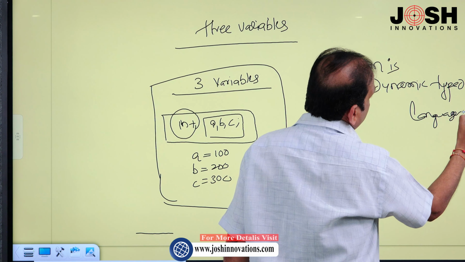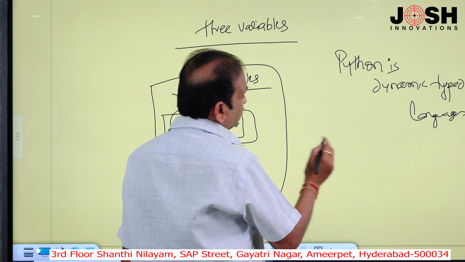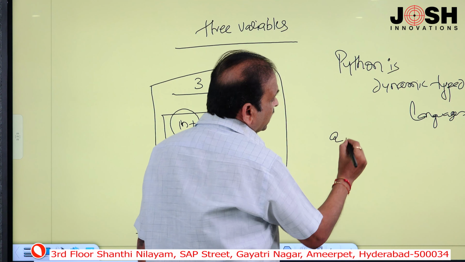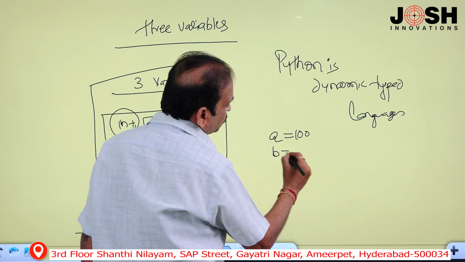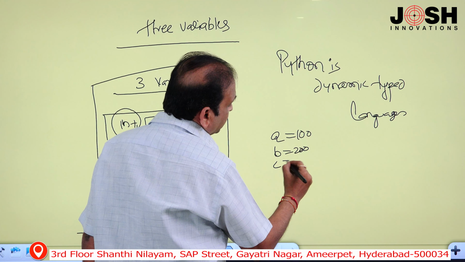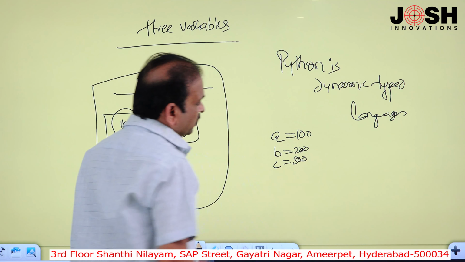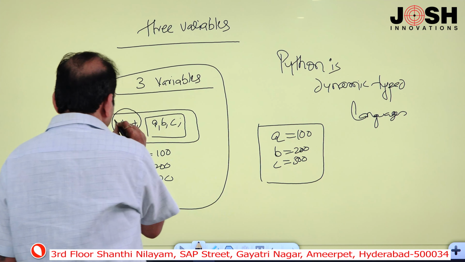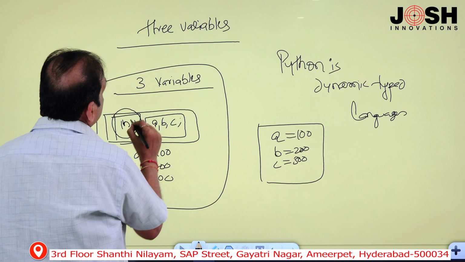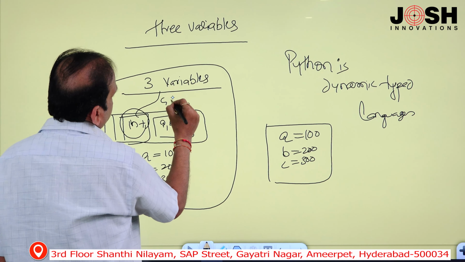For example, the same thing: directly I declare one variable and assign one value, b equals 200, and there is no need to specify any data type here. Directly I declare variables and assign the values. In other languages like C, C++, Java, you compulsorily have to specify the data type.